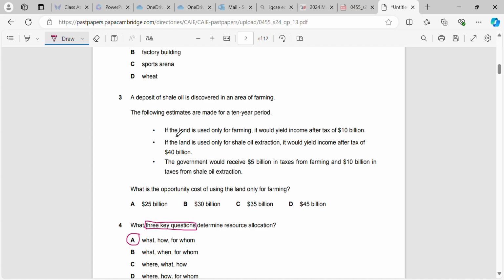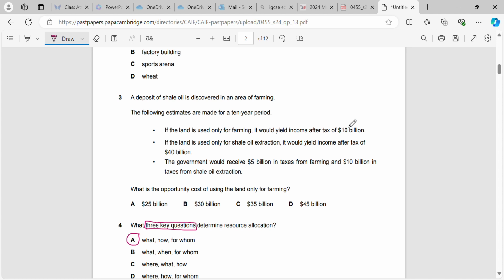Okay, a deposit of shale oil is discovered in an area of farming, and we're given the following estimates. So we're asked, what is the opportunity cost of using the land only for farming? So what we need to do is add up the cost of using it for farming and take away it from the cost of using it for shale oil extraction.